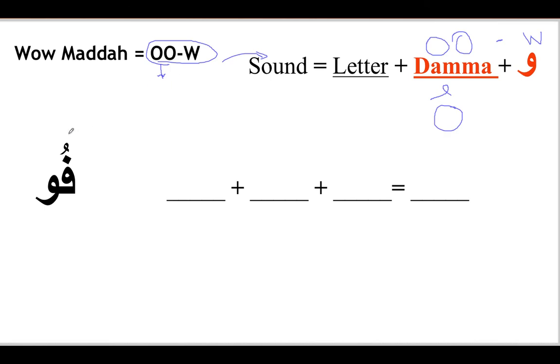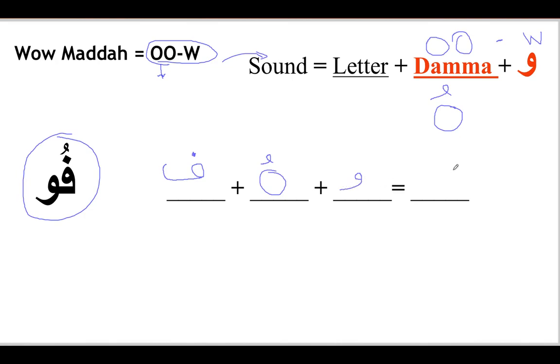Okay? So now let's break up this example. You have a letter fa connected with a letter waw, and then you have a dhamma on top of the letter fa. Okay, so let's put this down. You have a letter fa, which looks like that in the alphabet, and then you have a dhamma over it. Then added to that is a letter waw.